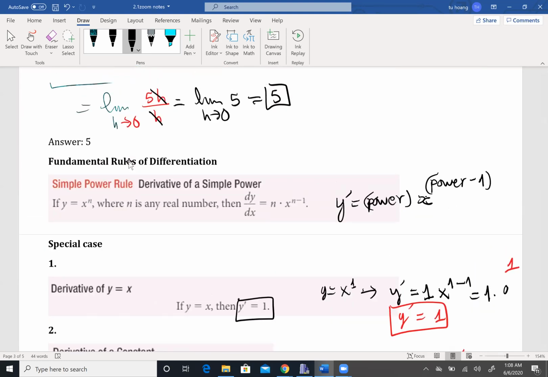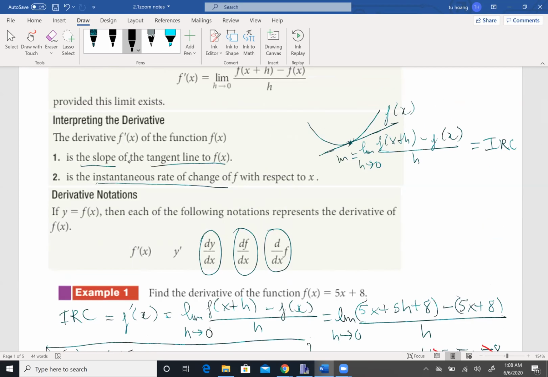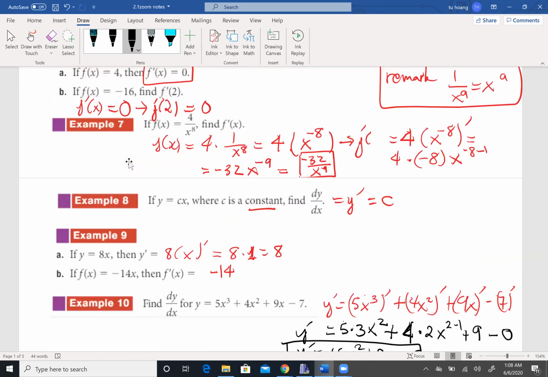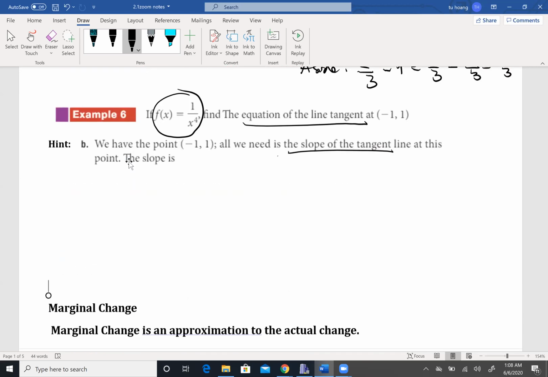You know that a derivative is the slope of the tangent line, right? So you take the derivative of f(x), then you will have the slope of the tangent line.